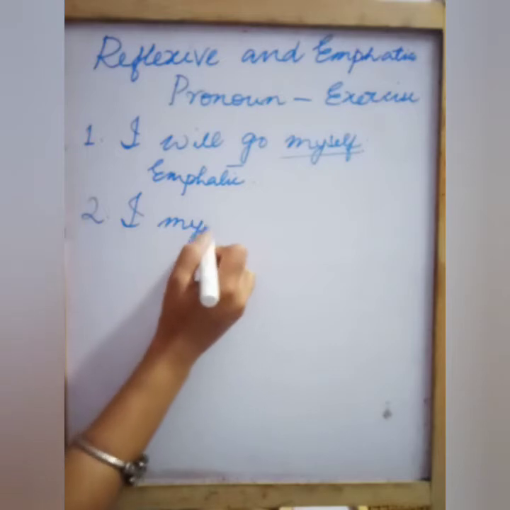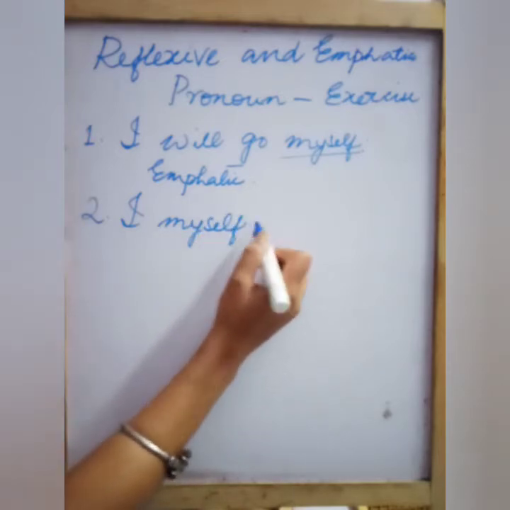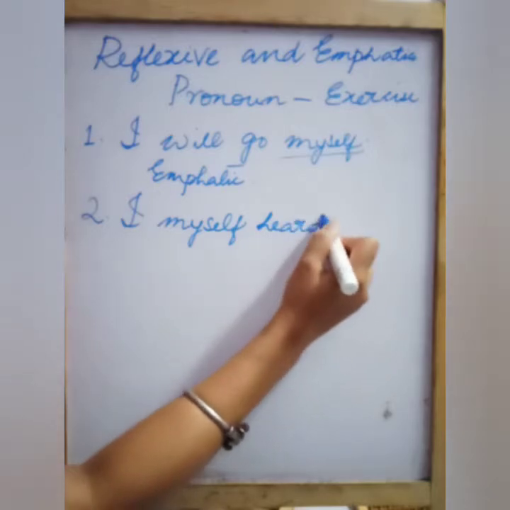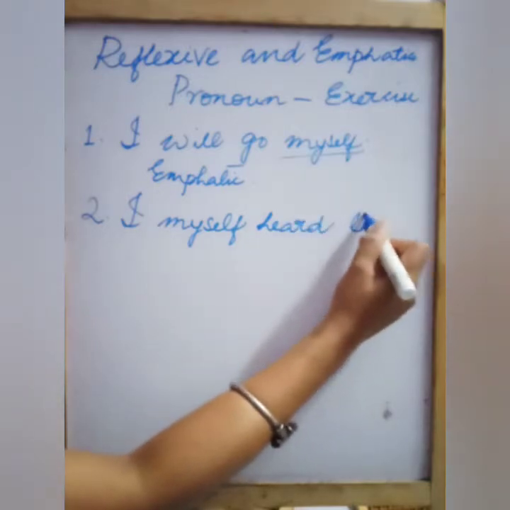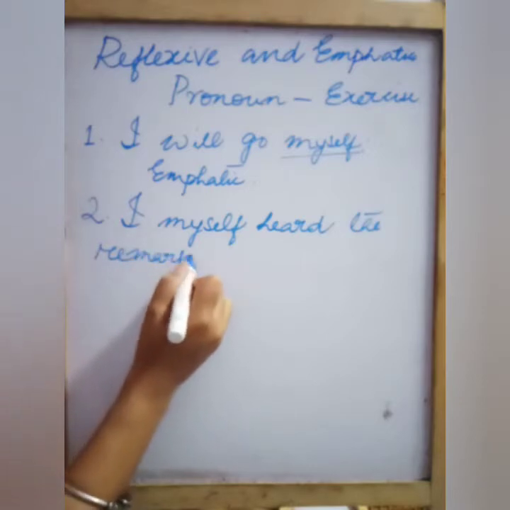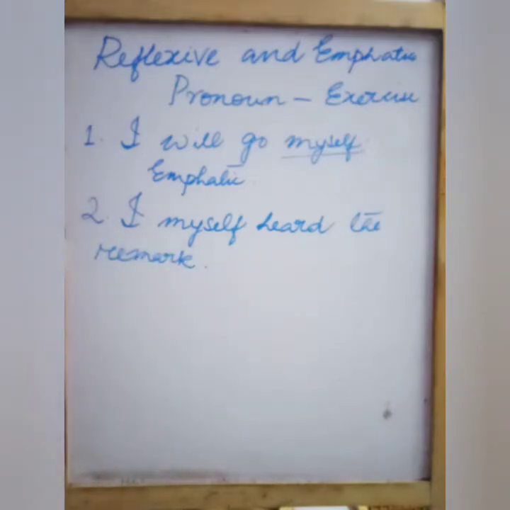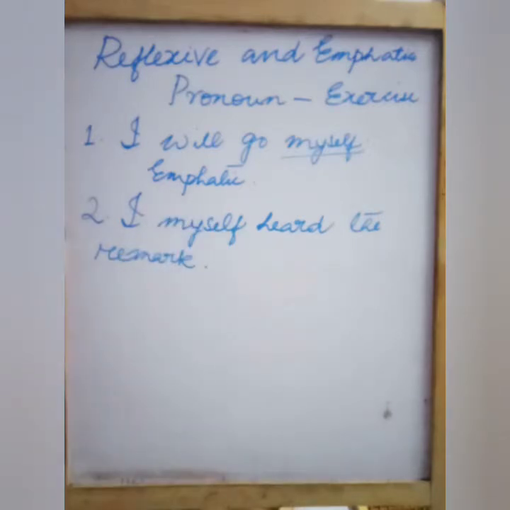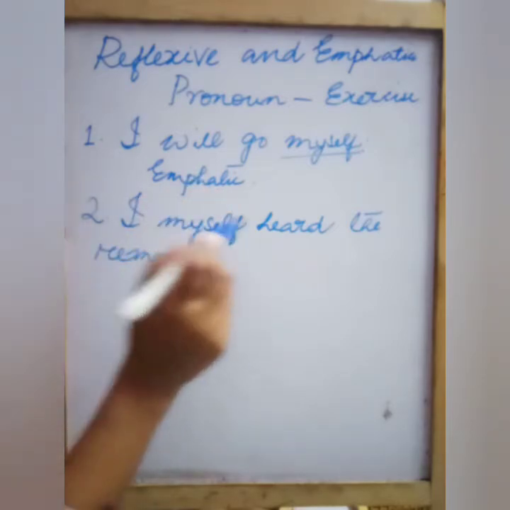I myself heard the remark. See, I myself heard the remark. Fine. So let's see again. If we cover up myself, say myself is not there. I heard the remark.